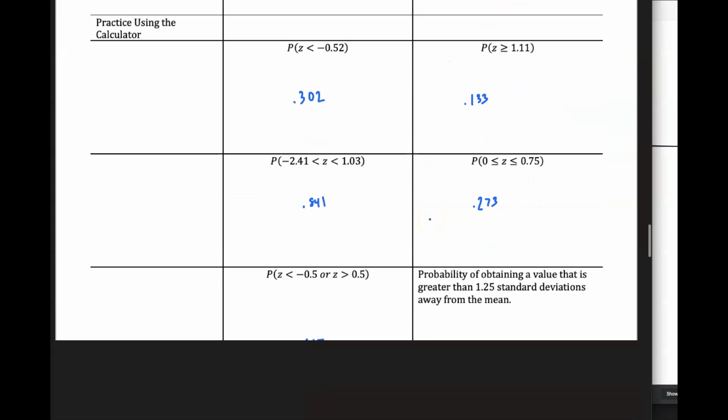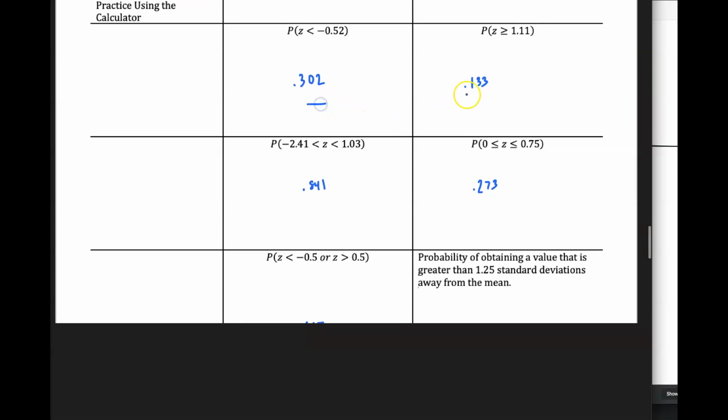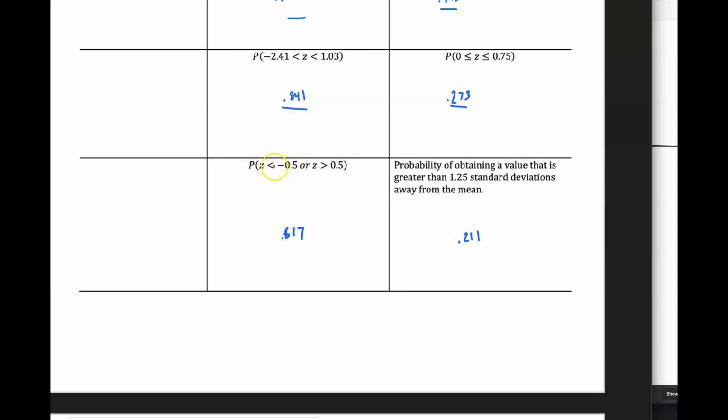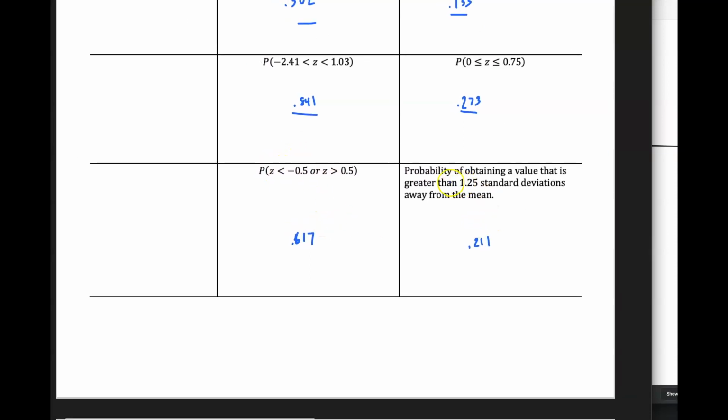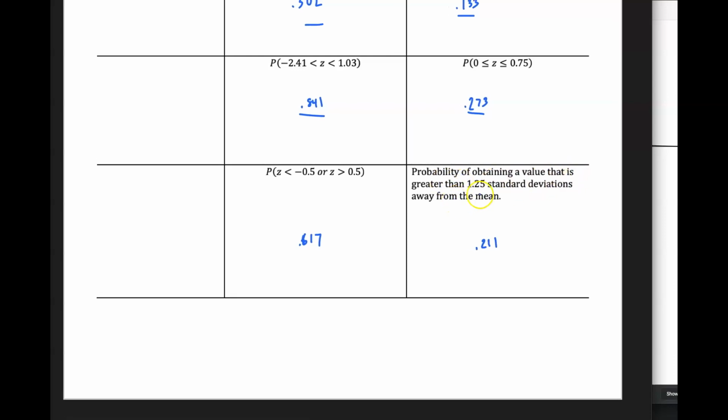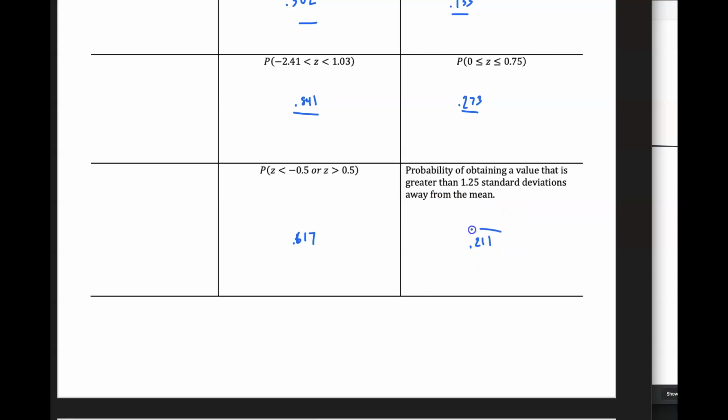Go ahead and practice using technology to get these answers. Again, don't worry about the signs, the greater than or less than or equal signs. StatCrunch uses greater than, less than, or less than or equal to. This last one here is the probability of obtaining a value that is greater than 1.25 standard deviations away. Again, see if you can knock that out.